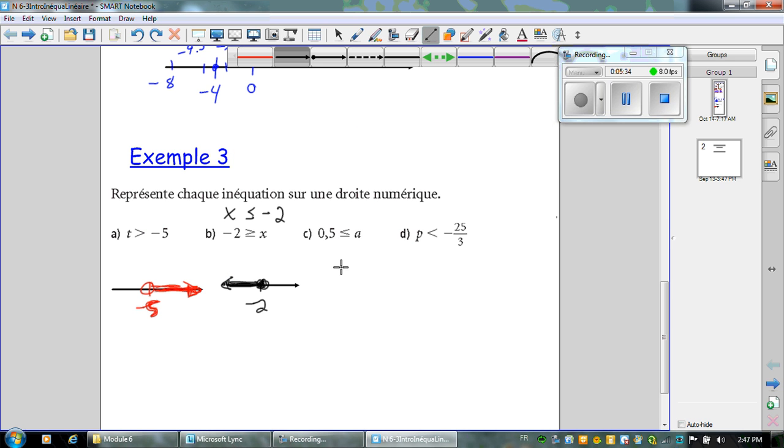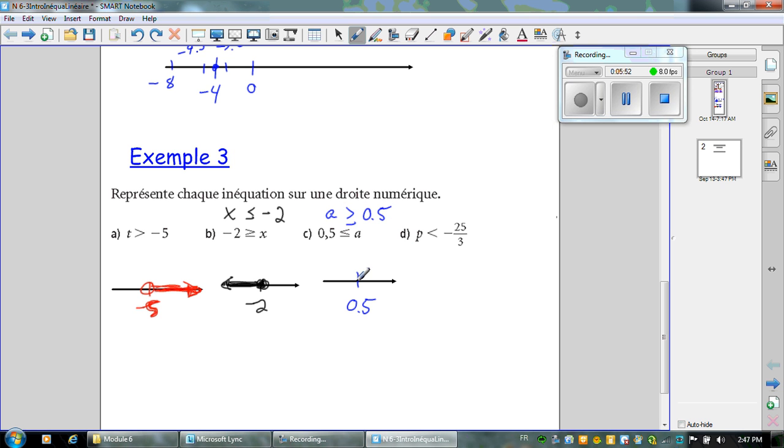Third one here, you're looking at 5/10. 5/10 is smaller than all the numbers, or you could write it this way: all the numbers that are greater than or equal to 5/10. So closed circle, because it can be equal, it's filled in, and all the numbers to the right.